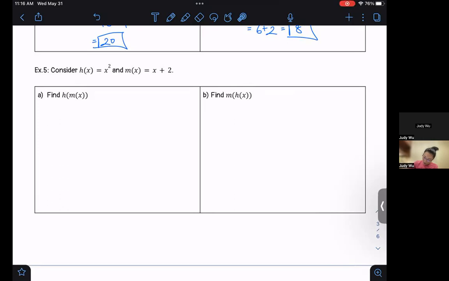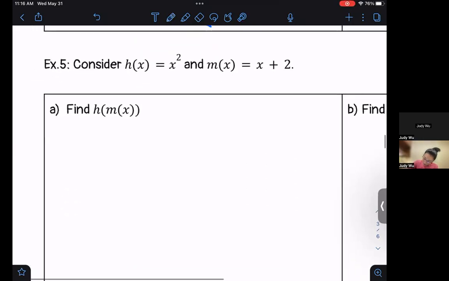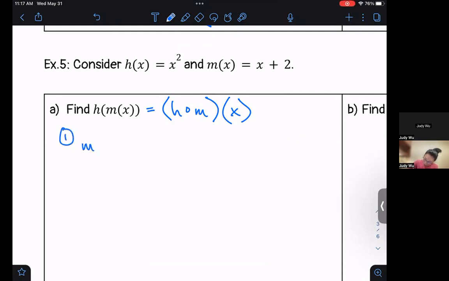Okay. All right. h of m of x is the same as h composed with m of x. And the way that I would do this is pretty similar. All right. First, I'm going to find our m of x, and that's x plus 2. Right.